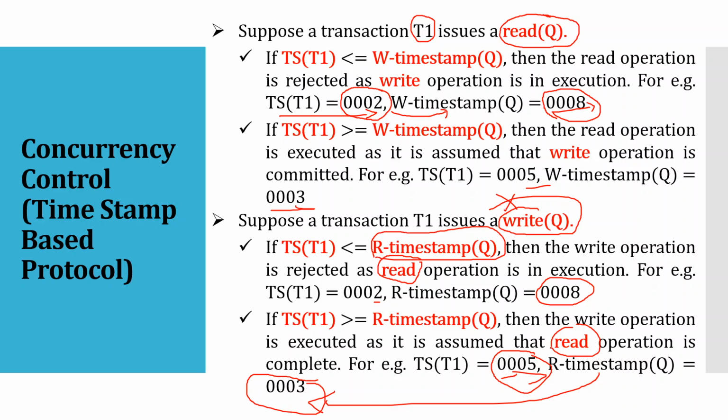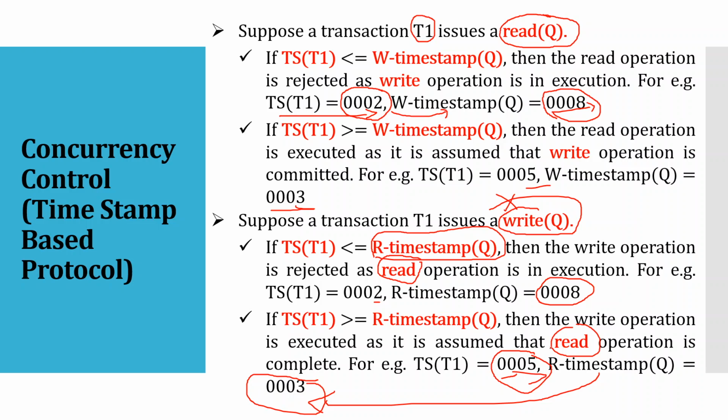The concept is none of the transactions will be allowed to work on the same data item, either read or write, until and unless one of the transactions' task is completed. It will make sure that once a transaction's task is fully completed, then and only then another transaction will be allowed to perform its operation.